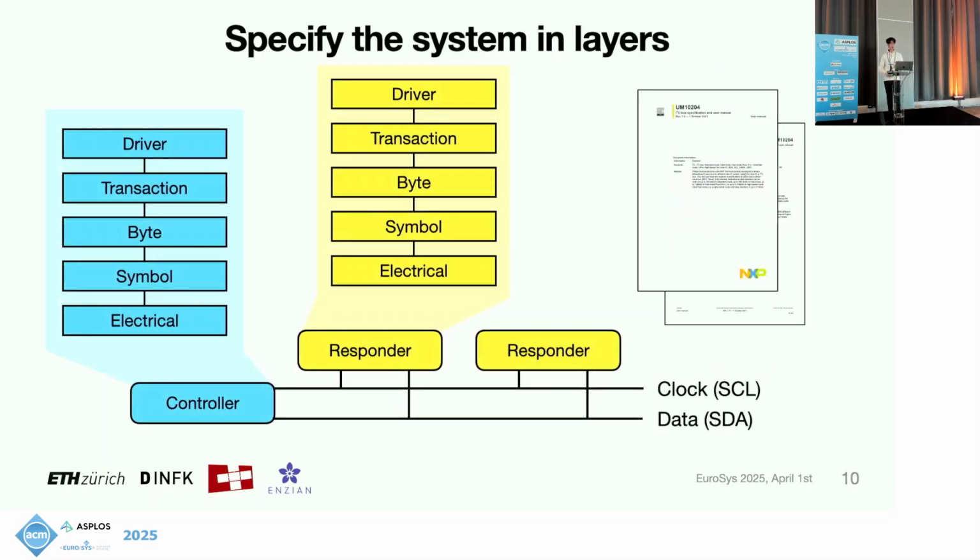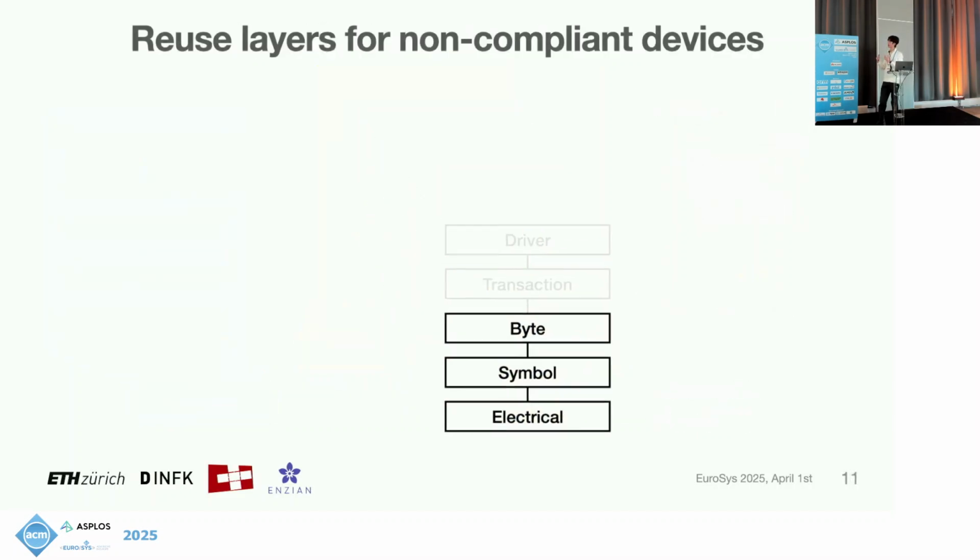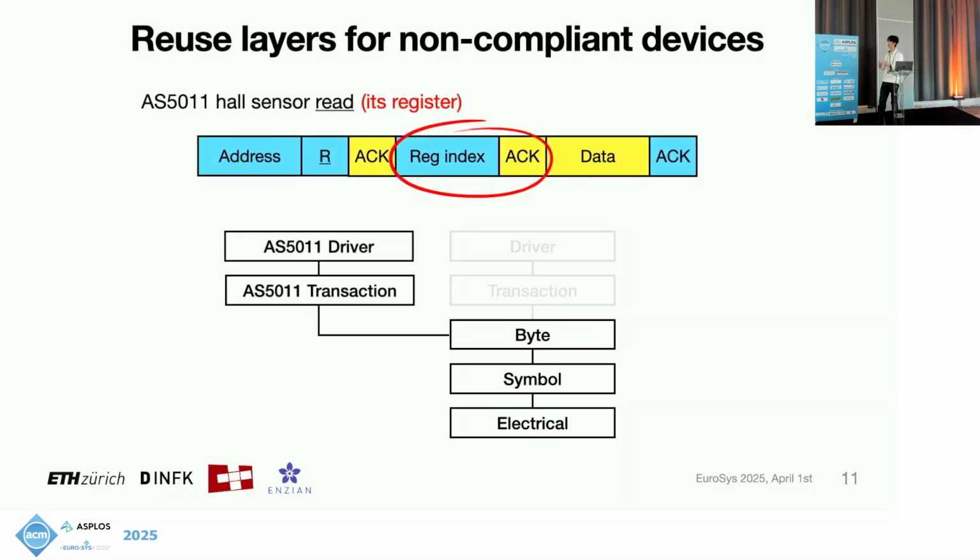The first step to use Efeu is to specify the whole system, not only the controller, but also the responder. We specify the I2C stack in layers. First, this is how the standard describes the protocol. Second, by specifying the stack in layers, we can reuse layers to model non-compliant devices.